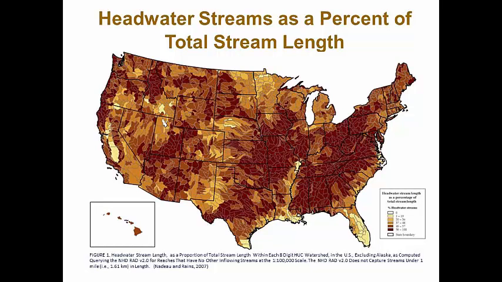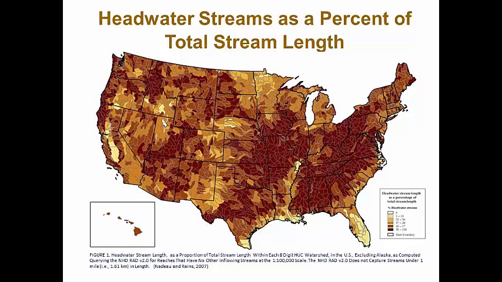The map of headwater streams as percent of total stream length indicates that headwater streams make up the majority of river miles in the United States. EPA estimates that 53% of the total stream miles in the continental U.S. are headwater streams, and almost 60% of stream miles flow only seasonally or after storms.